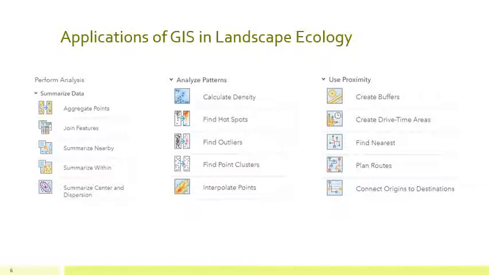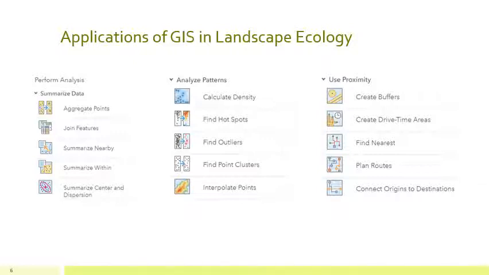So just kind of like broad examples, you can use polygons to represent a species geographic range, or you could use sampling points to represent individual sightings.